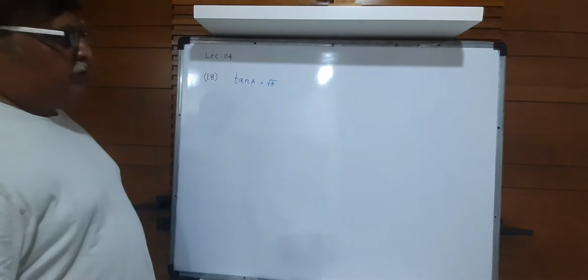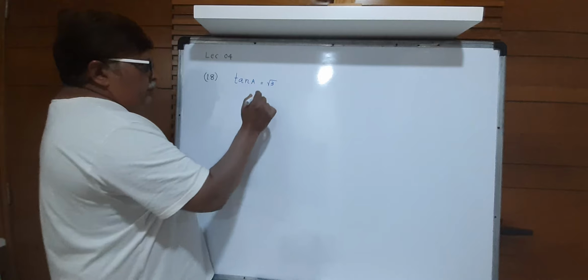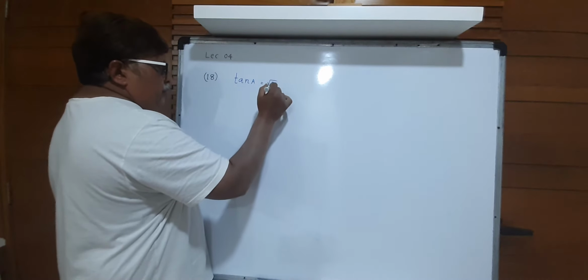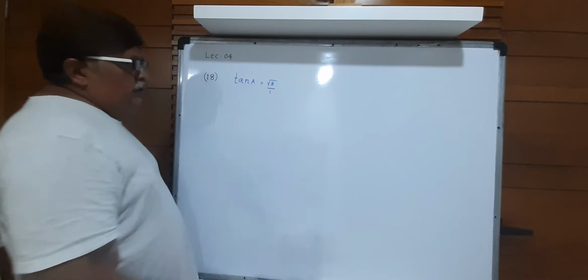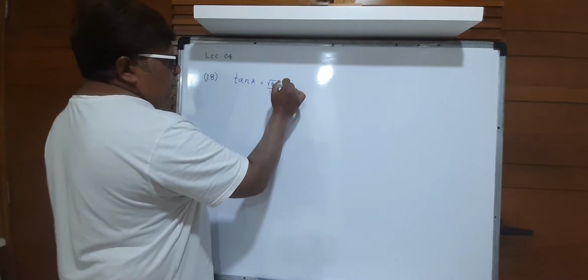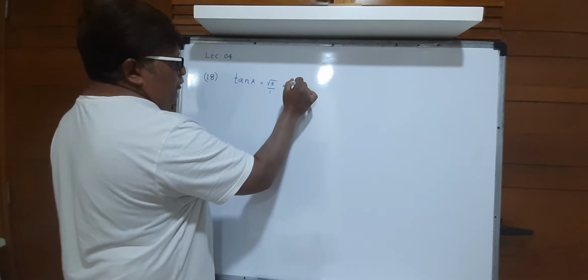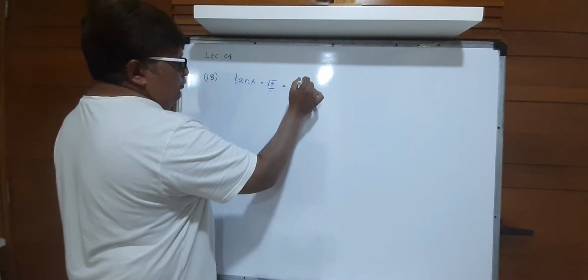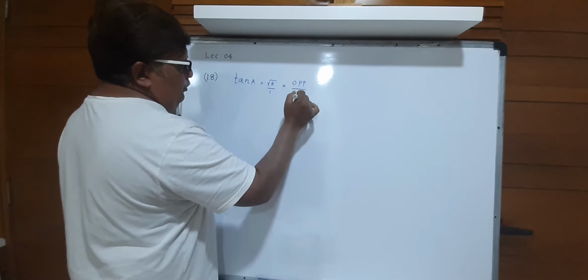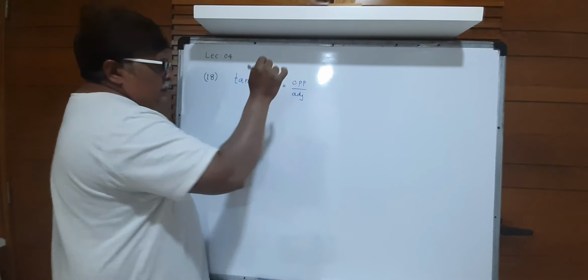Now, dear student, remember lecture number 3. There is nothing here, so we can take 1. What is the formula for tan? Opposite upon adjacent, as you know.